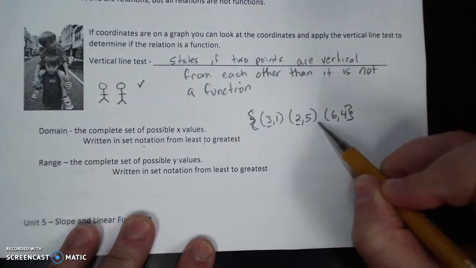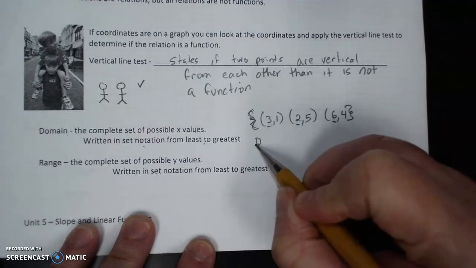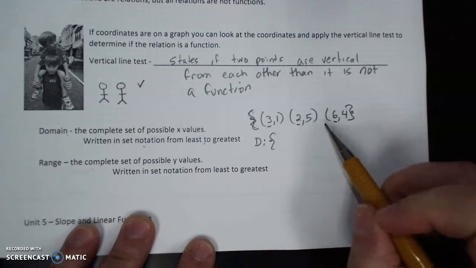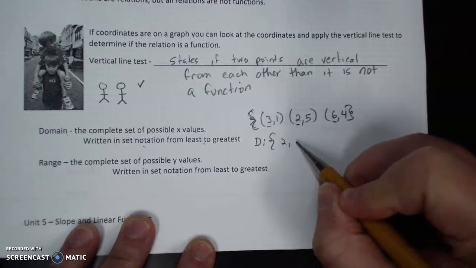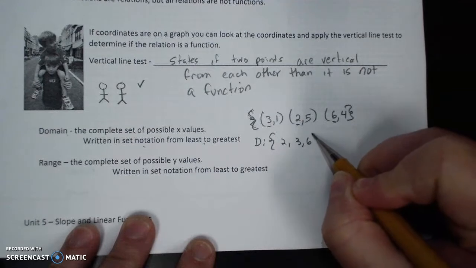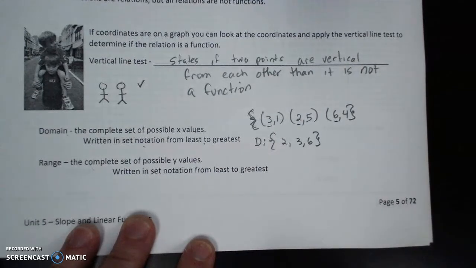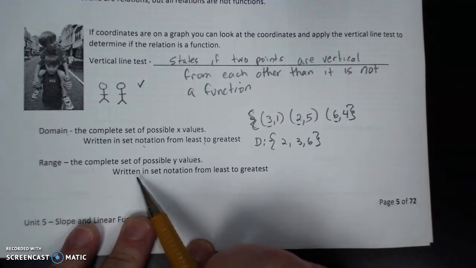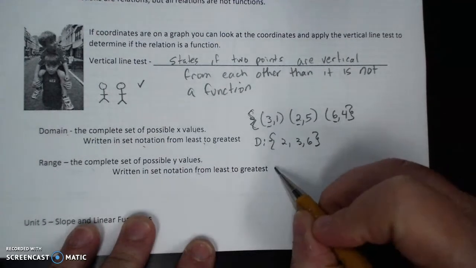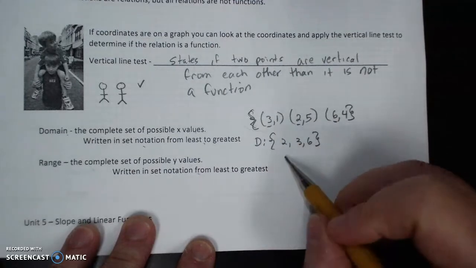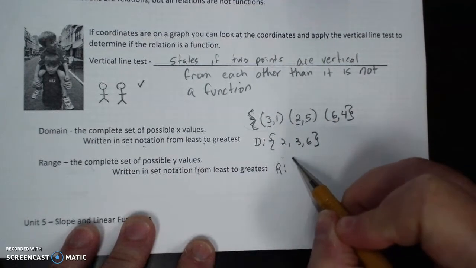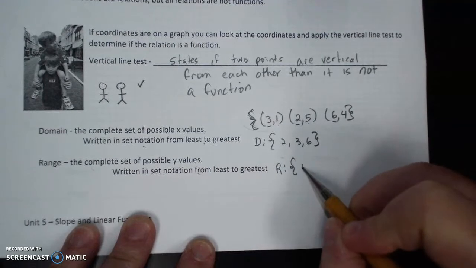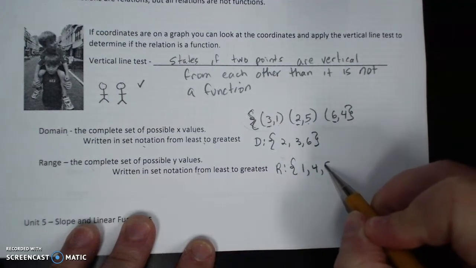So this guy, and this guy. So my domain, and I'm going to list the x's from least to greatest, is {2, 3, 6} in set notation. Range is the complete set of possible y values, written in set notation from least to greatest. So using this entire set again, my range in set notation is {1, 4, 5}, in order from least to greatest.